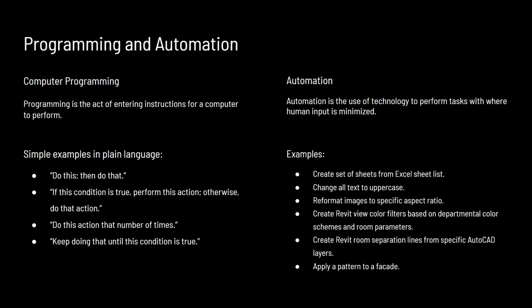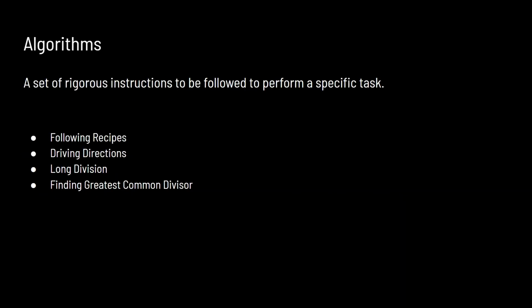Reformatting images for specific purposes. If you're in Revit and you have colored plans that are based on data, you can automate the creation of these color filters, or automate bringing in data from AutoCAD drawings directly into Revit. Or, as you'll see in the final example, applying patterns to a facade.